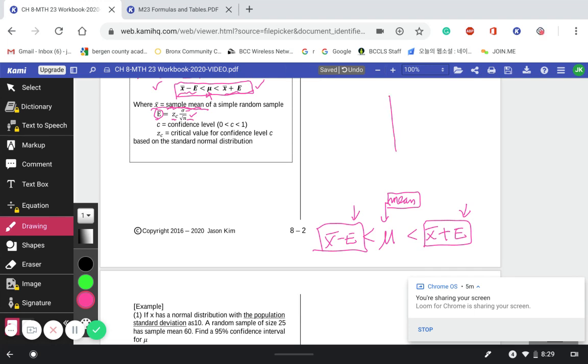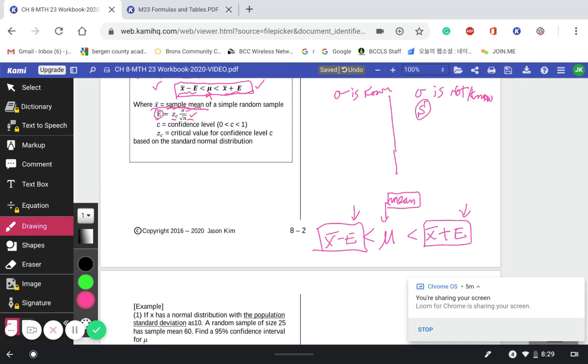We're going to use two formulas. One when sigma is known, and one when sigma is not known. So when sigma is not known, for whatever the reason, then we use S instead.